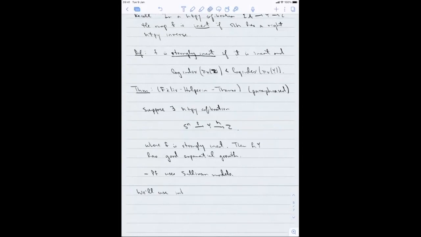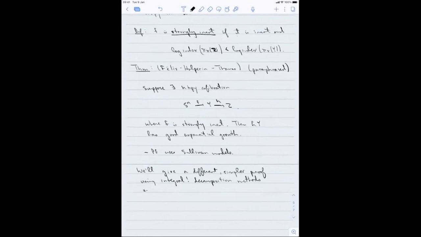We'll give a different proof, which will be simpler, using integral decomposition methods, and will be more general.